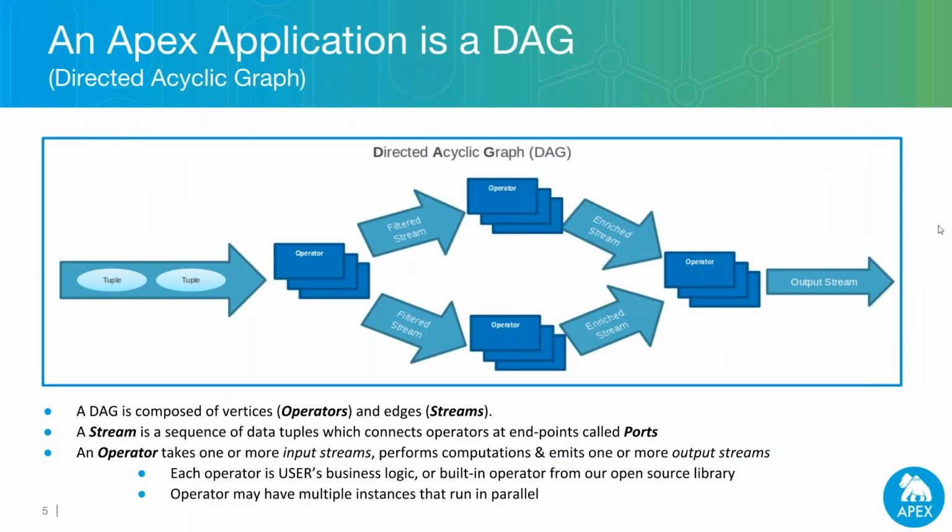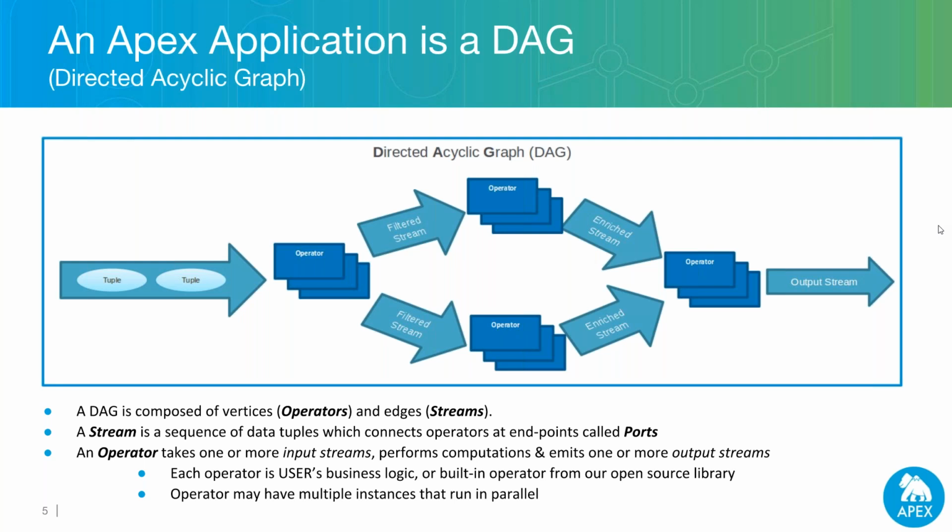Now, what is an Apex application? Here we represent the application as a DAG, a directed acyclic graph, which is composed of vertices and edges. Vertices represent the operators, and edges represent streams. A stream is a sequence of data tuples. A tuple is any serialized object.